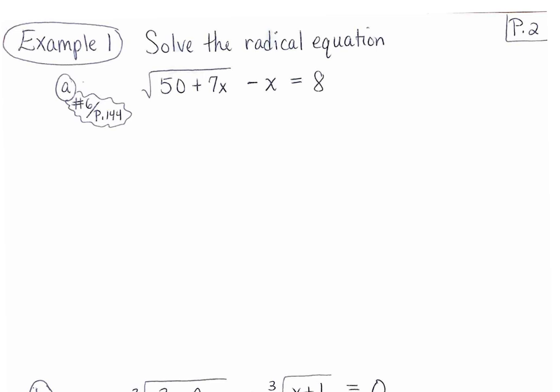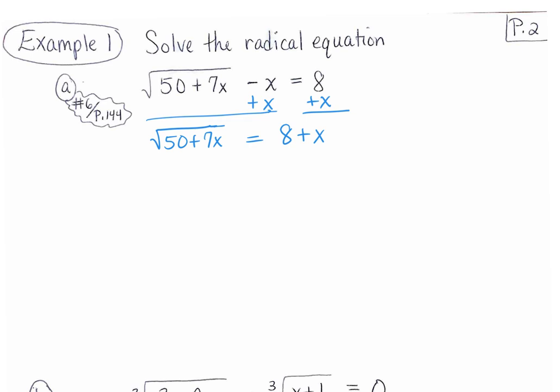So what do we need to do? Add x to both sides. Good. That's what it means to isolate it. So that leaves us with the square root of the quantity 50 plus 7x equals 8 plus x.